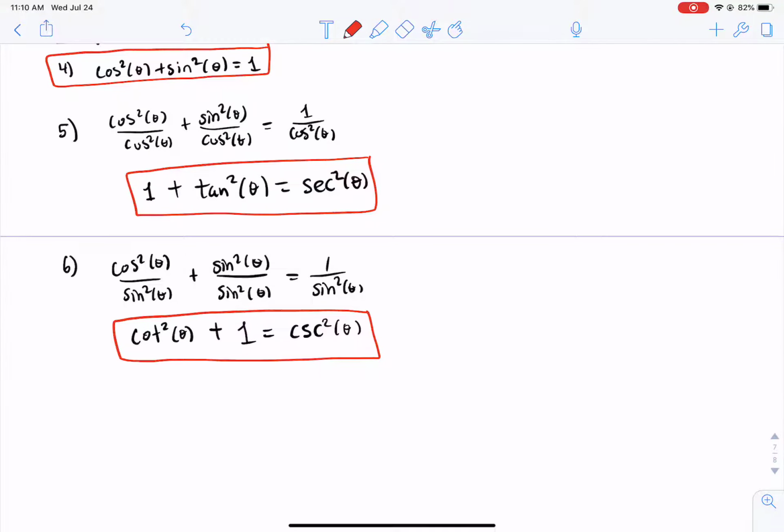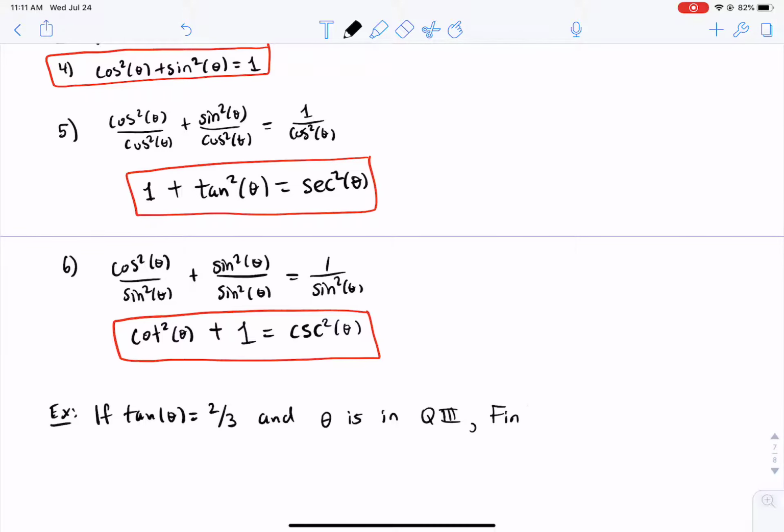Here's an example. Suppose that tangent theta is equal to 2 over 3, and I tell you that theta is in quadrant 3.